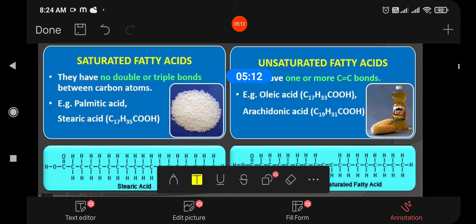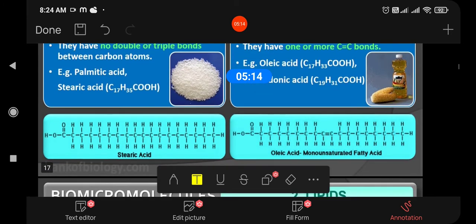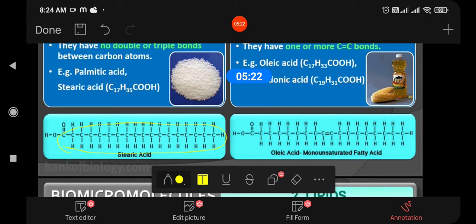So these are the differences between saturated and unsaturated acids. You can see over here that in stearic acid, all have a single bond between the carbon atoms, but in oleic acid you can see a double bond is there, so it is monounsaturated, meaning a single double bond is there, so oleic acid is an example of a monounsaturated fatty acid. Fine.